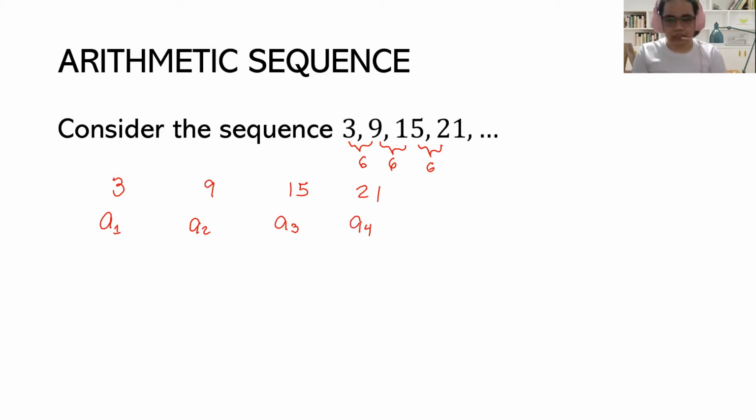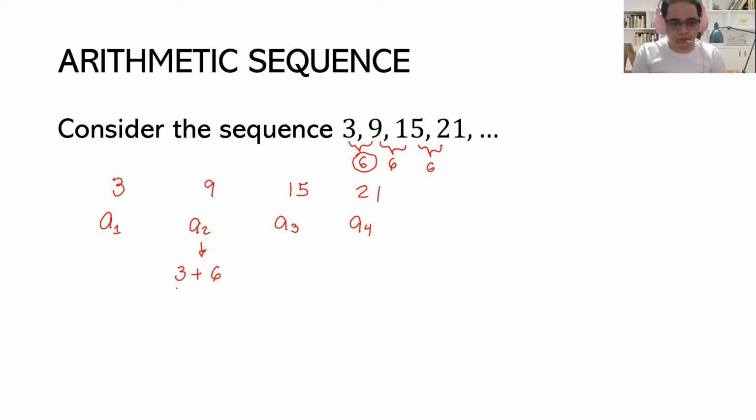Now, tignan natin kung makakapag-come up tayo sa isang general formula para sa arithmetic sequence. Kung papansinin nyo ulit, this is 9, and then nakita natin, ito ay 6. So kung titignan natin, yung 9, nanggaling siya sa 3 plus 6.